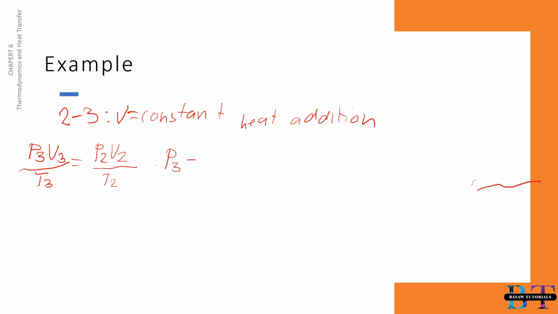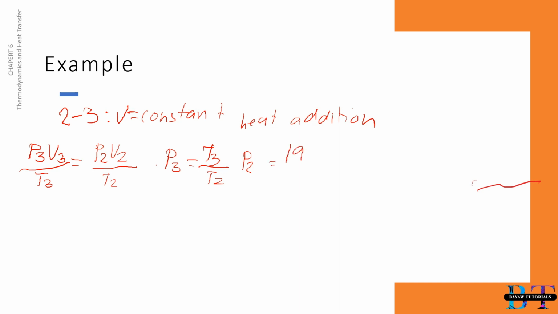So P3 is equal to temperature 3 over temperature 2 times the pressure 2. So let's plug in.